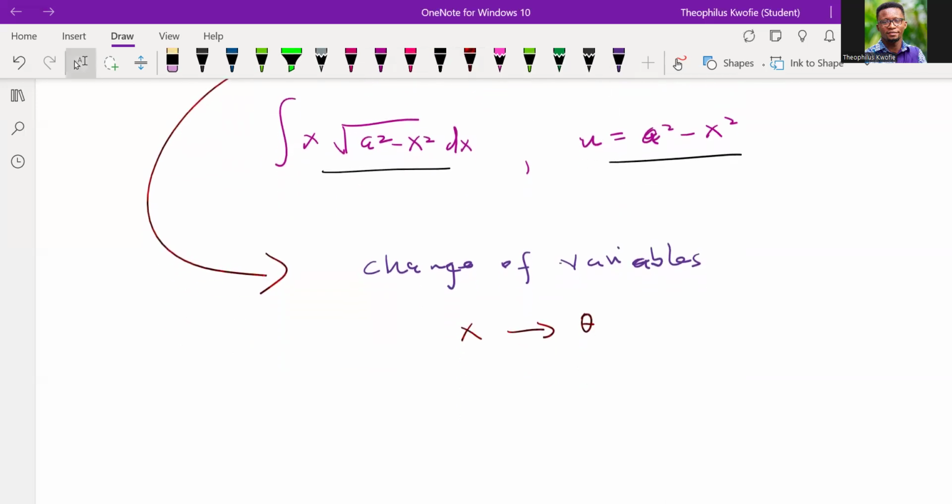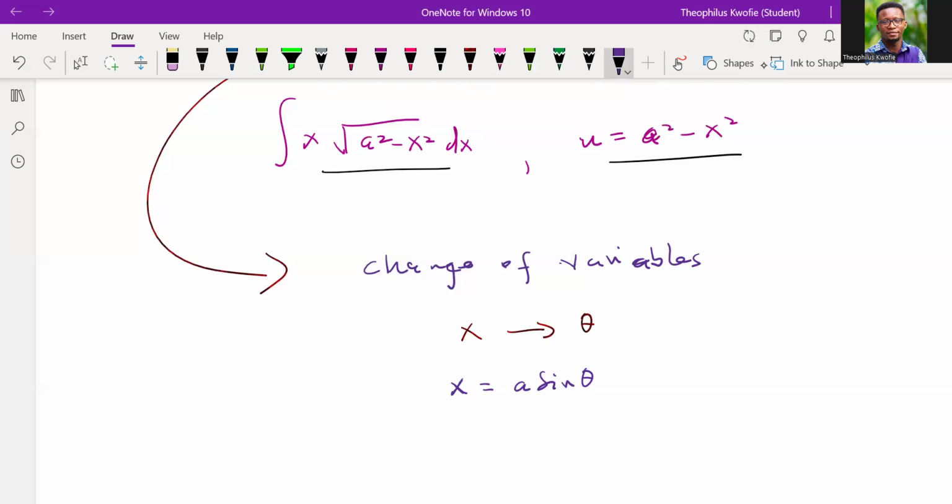Then we come out with a substitution that x should be equal to the constant in the integrand, which is a, multiplied by sine of theta.